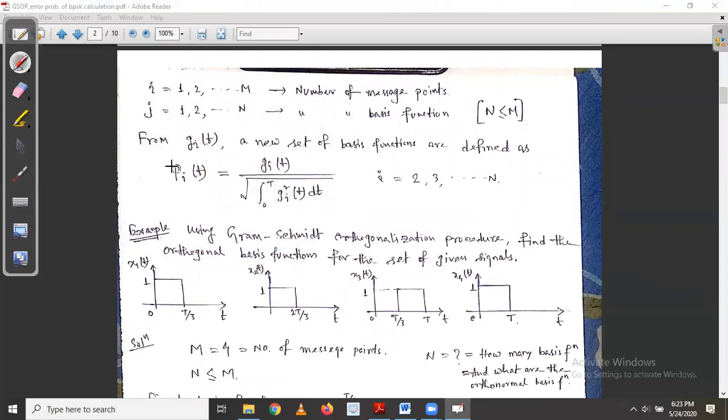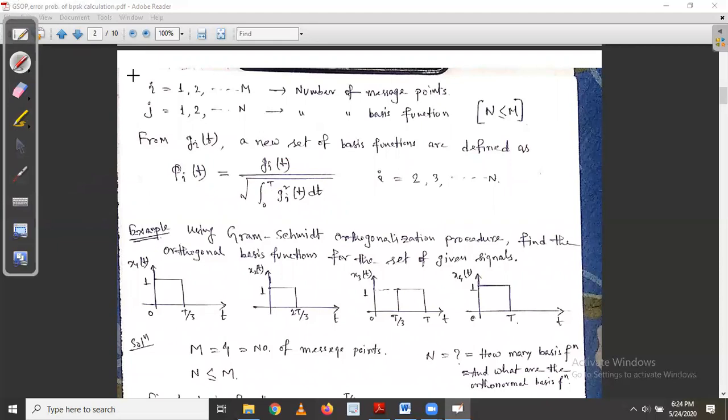The new basis function will be phi_i(t) equals g_i(t) divided by root of the integration from 0 to T of g_i squared(t) dt. That is phi_i(t), where i starts from 2, 3 to N. One is missing here because we already got the first basis function. That is why, for this equation, remember, i will start from 2, not from 1.